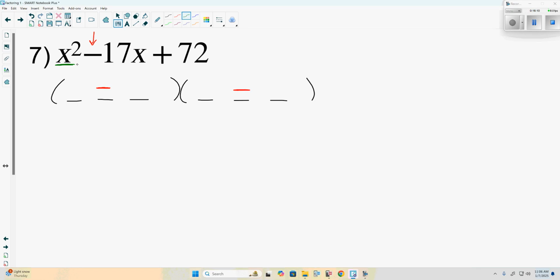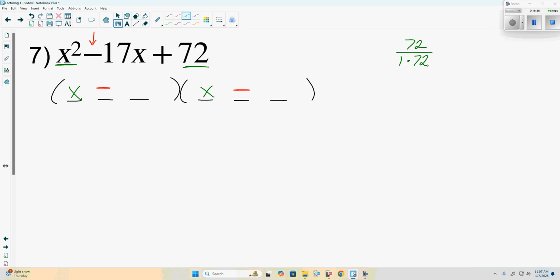Now at this point here, we need to find the factors of the first and third term. X squared is just going to be x and x. Now 72, on the other hand, has several. And with any of these numbers, I'm going to always start with 1 and it, so 1 and 72.